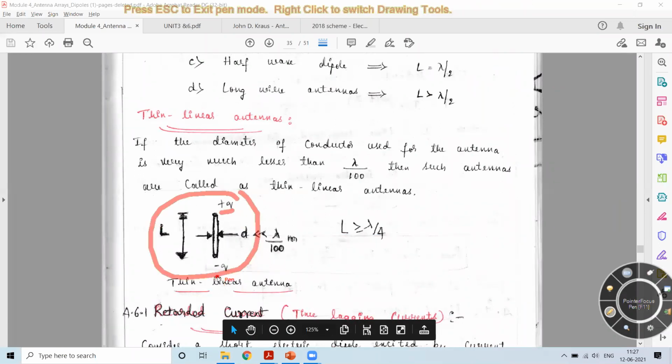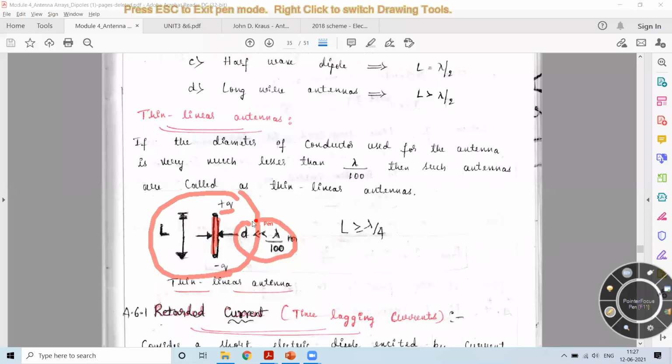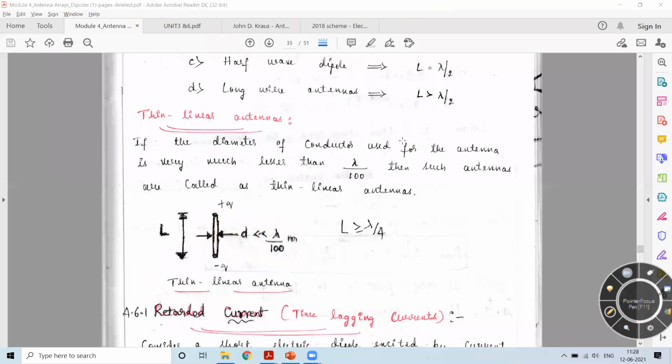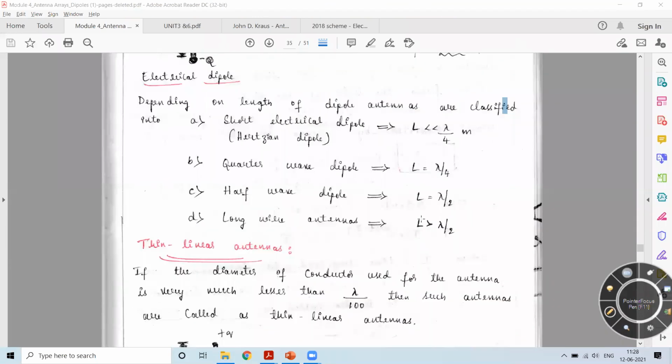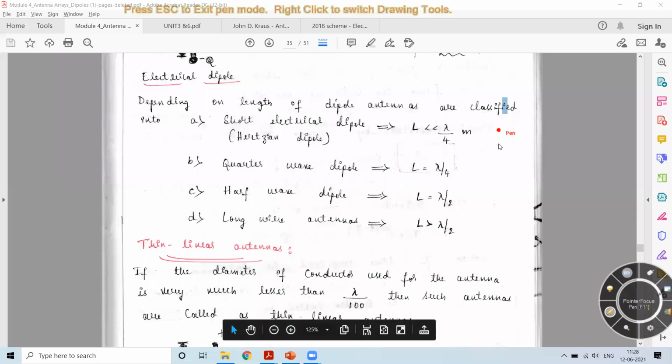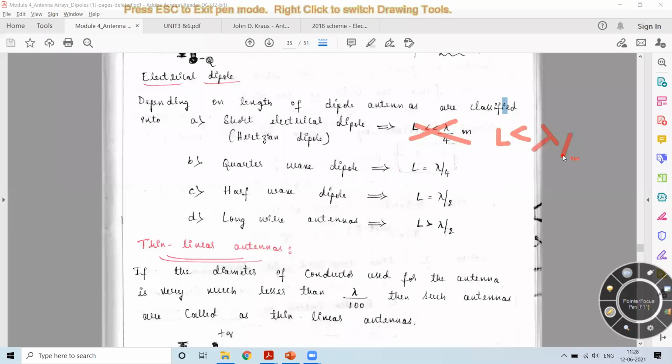So this is a dipole. There are two charges spaced by a distance L. If the diameter of the wire we are considering is less than lambda by 100, we classify it as a thin linear antenna. Since we are specifying it as a dipole, it will be called a short dipole if its length is less than lambda by 10.